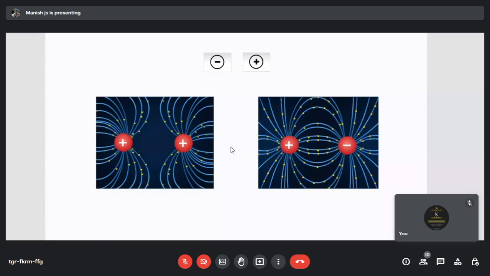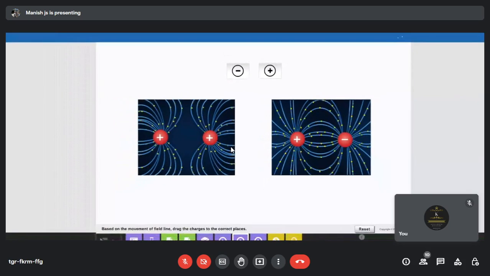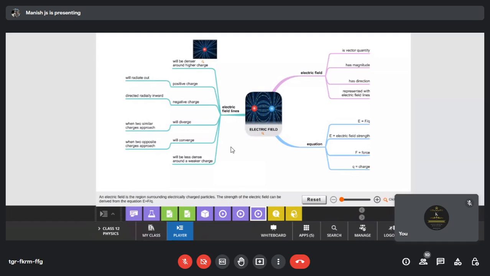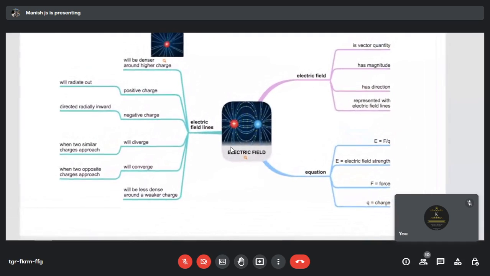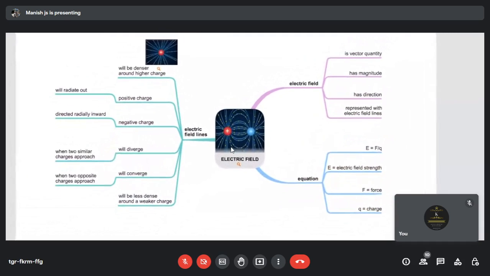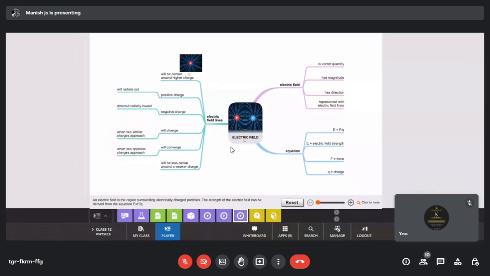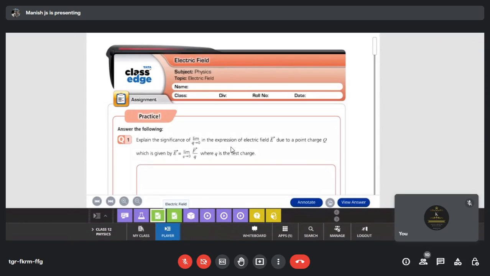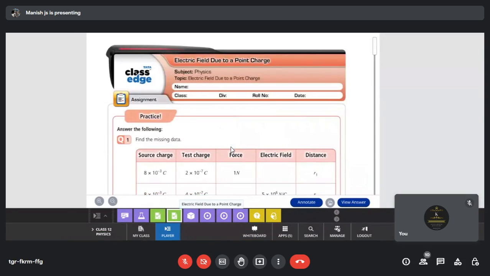That is the only difference. So we are moving on. This is a concept map where you have everything, all the points are there. Now we will move on to certain questions based on the electric field.